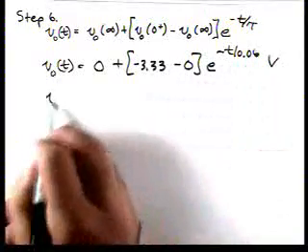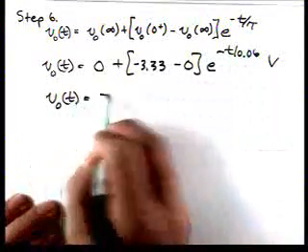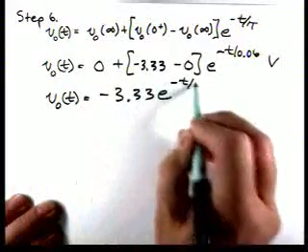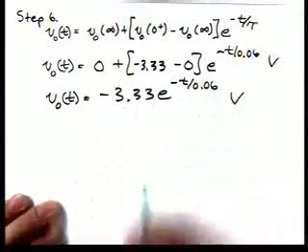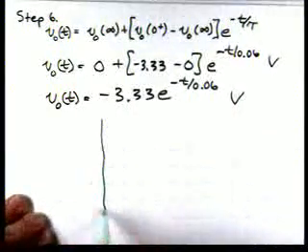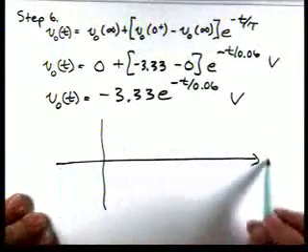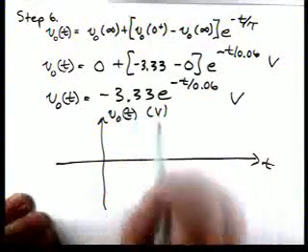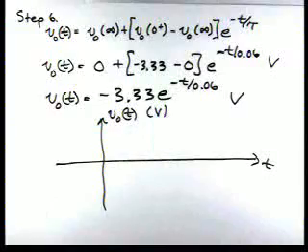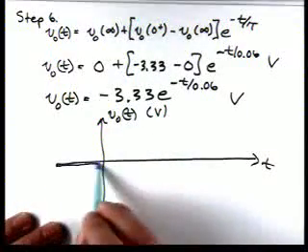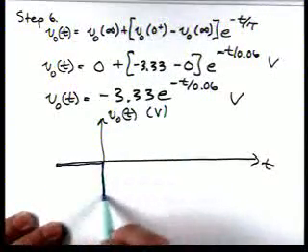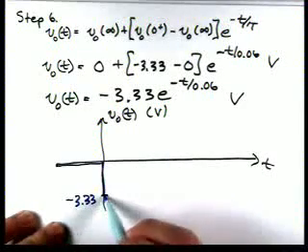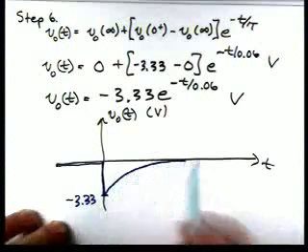So then V0 of t is minus 3.33 e to the minus t divided by 0.06 volts. And if we plotted that, here's what V0 of t would look like. The voltage would come along, and when the switch moves, it would jump to minus 3.33, and then it would decay exponentially down to 0.